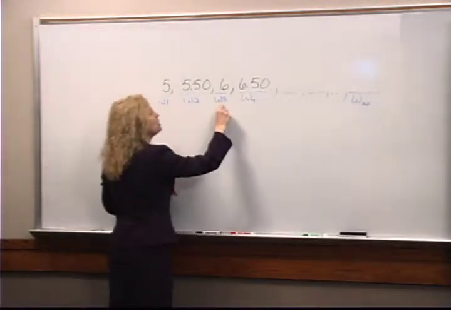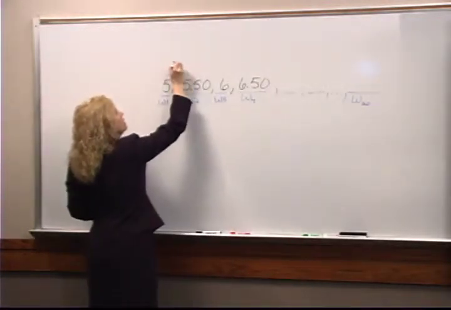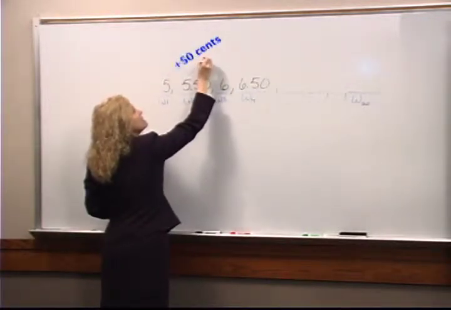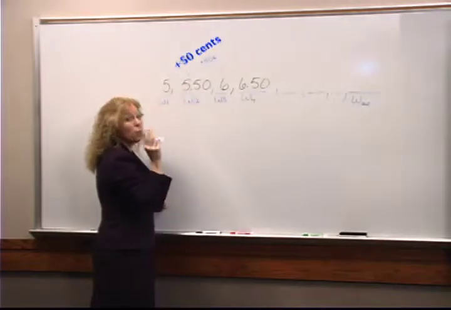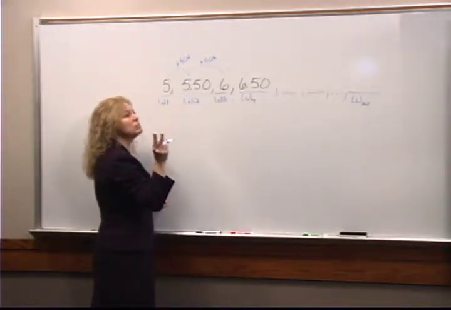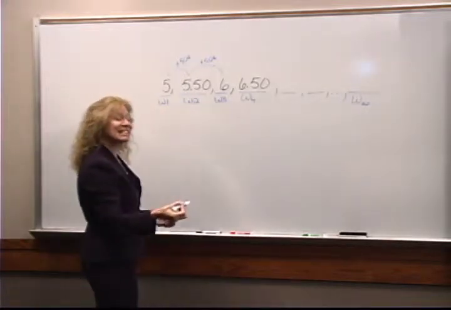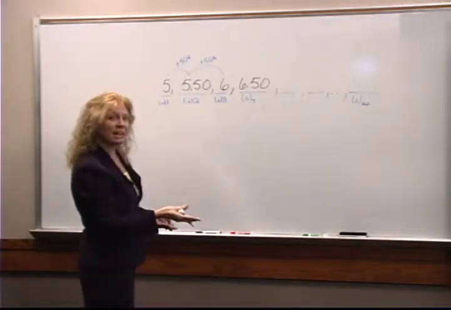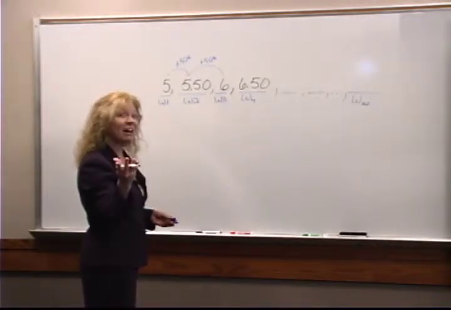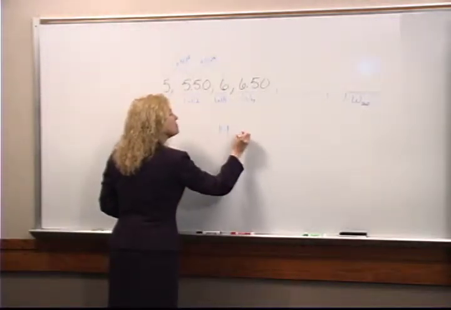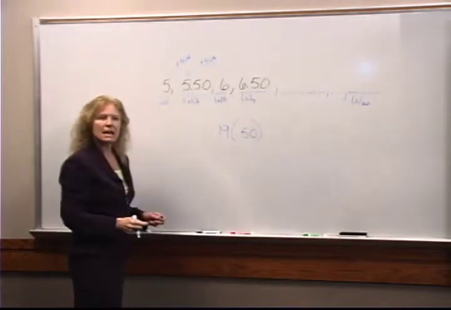To get to week 3, we added on 50 cents twice. Oh. So how many times will we have to add on 50 cents to get out to week 20? It'll be 19, won't it? So we're going to add 19 times 50 cents.